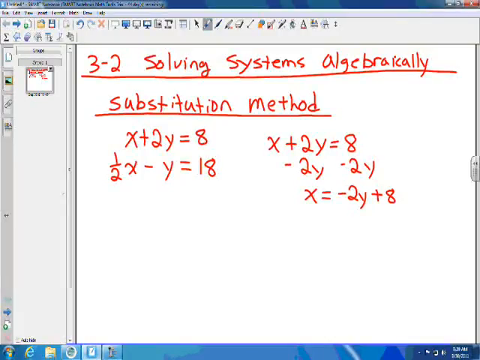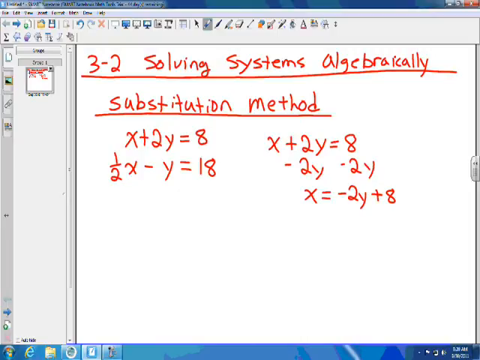Put your variable first. So rather than solving for y like we normally would do, we just solve for x because it had a coefficient of 1. So that's basically step 1 of substitution method, is pick any one of these variables and get it by itself. Okay?